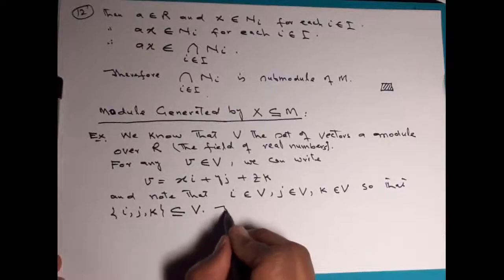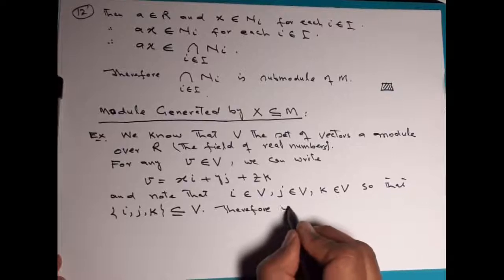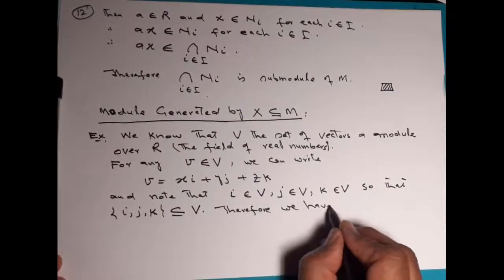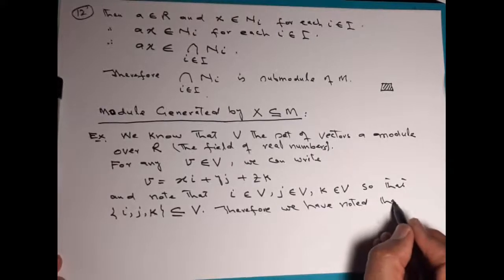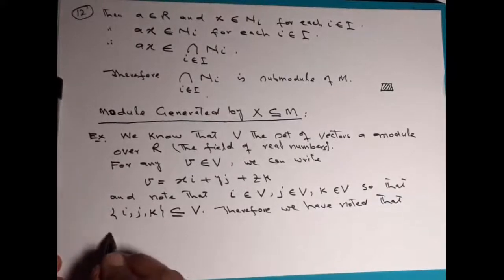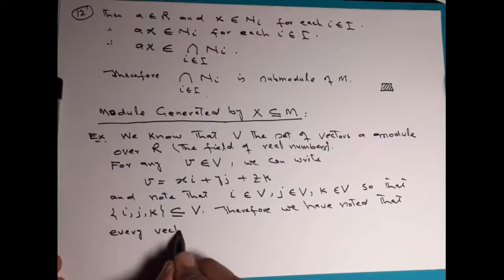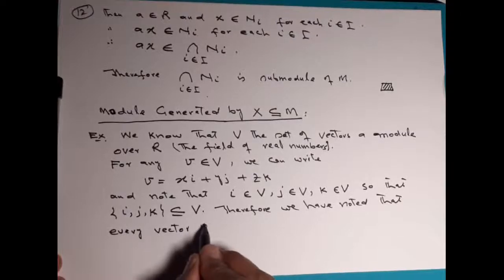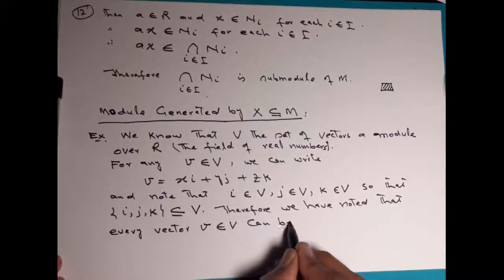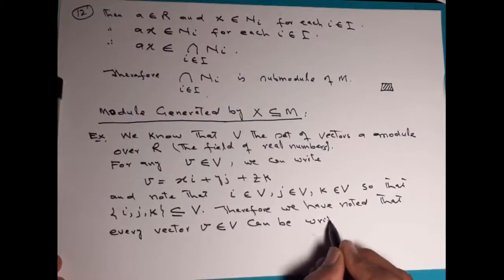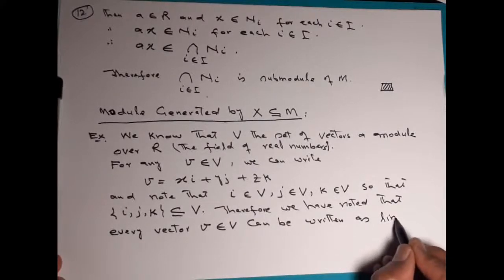Therefore, we have noted that every vector v belonging to V can be written as a linear combination. This is what we call it.